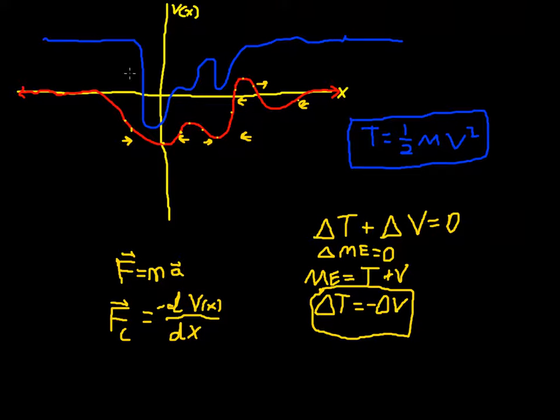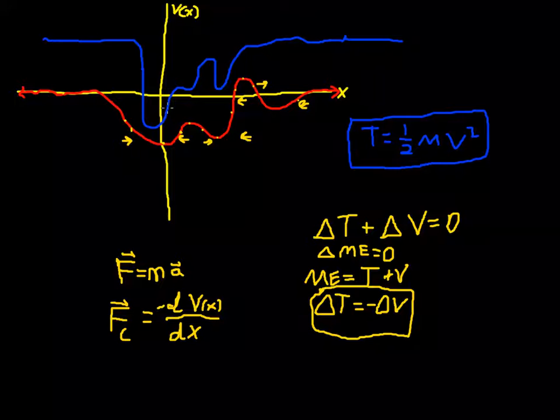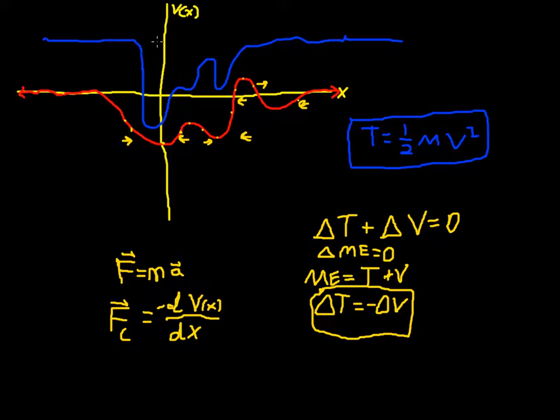Because we're really only concerned about the change in potential energy, we can just shift this down here, and that's not going to make a difference in our change of potential energy. The difference between here and here is the same, even if you bring the values down. That should make sense. If you bring it down, it's not going to affect the slope or the change in potential energy.